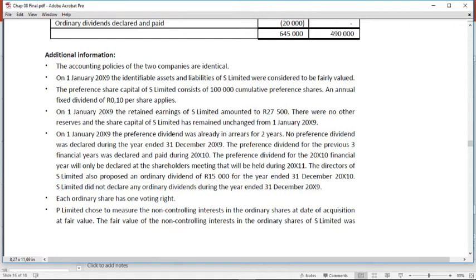In the additional information, let's have a look at point 3 again. The preference share capital of S still consists of 100,000 Rand cumulative preference shares, and the annual fixed preference dividend is still 10 cents per share. So the annual preference dividend fixed amount is still only 10,000 Rand.